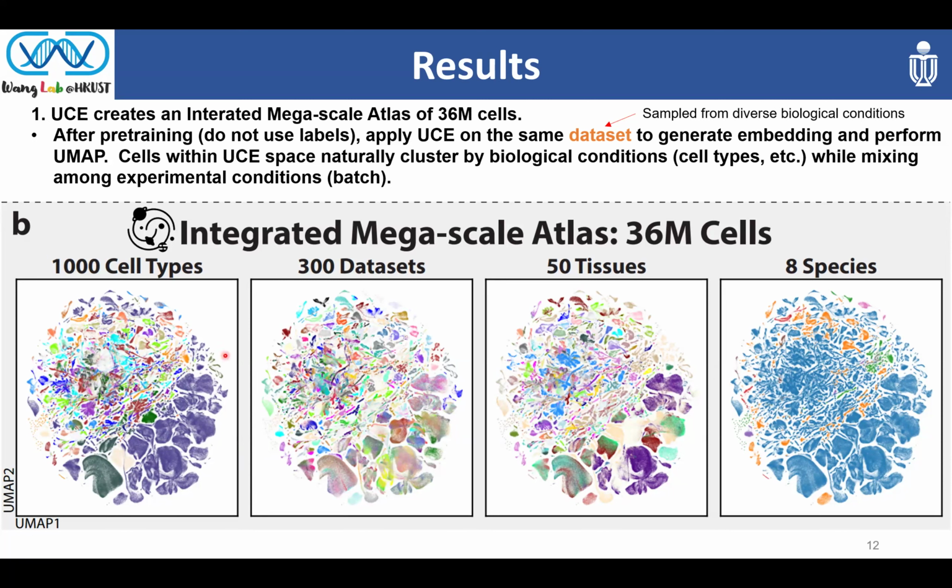With this picture, they just want to see whether it is okay to deal with the batch effect, and whether the embedding can be clustered by cell types, tissues, or species. So they show 4 figures to see whether they have batch effect or whether they cluster by those features.